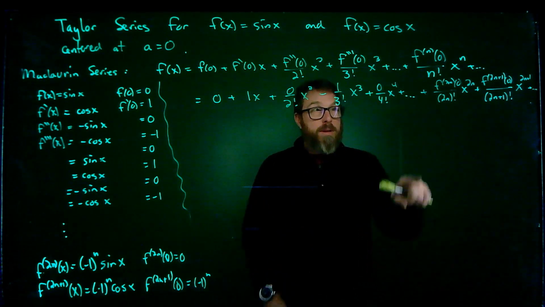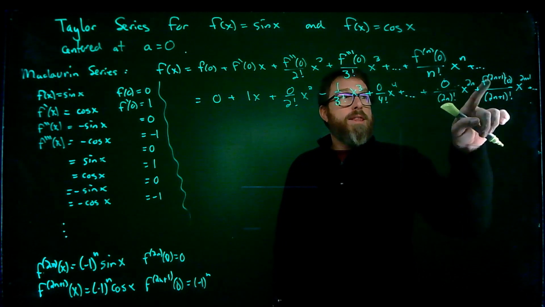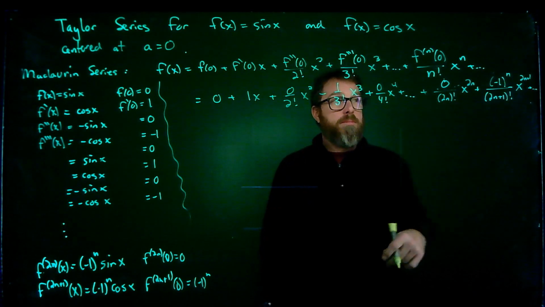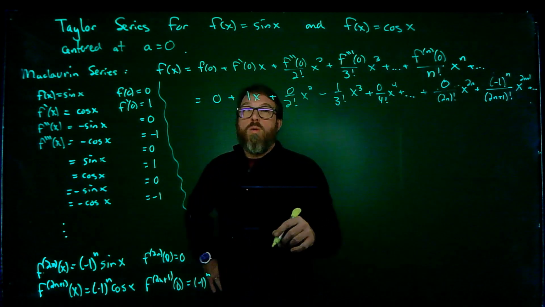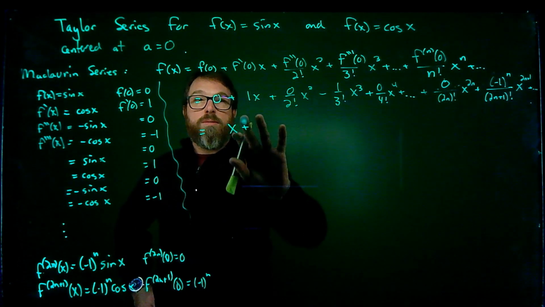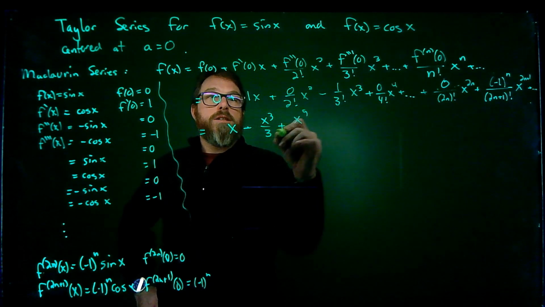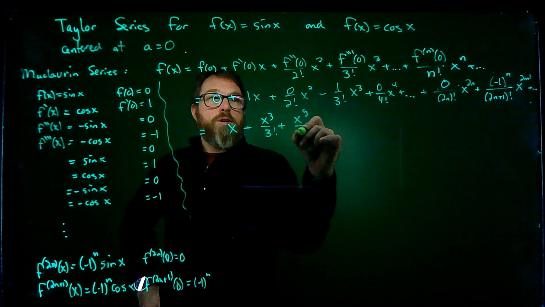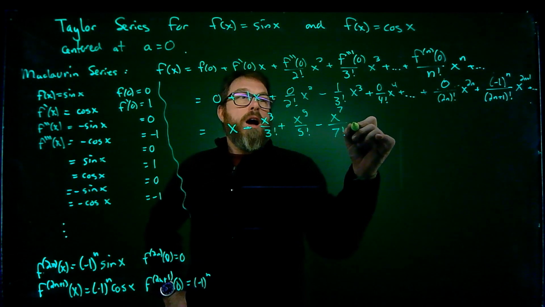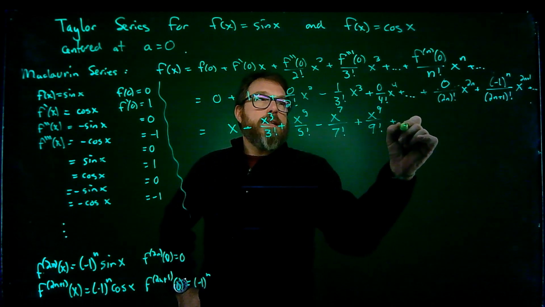Again, the even ones were 0, and the odd ones were alternating with negative 1 to the n. So simplifying this, we have x minus x cubed over 3 factorial plus x to the 5th over 5 factorial minus x to the 7th over 7 factorial plus x to the 9th over 9 factorial, plus dot, dot, dot.